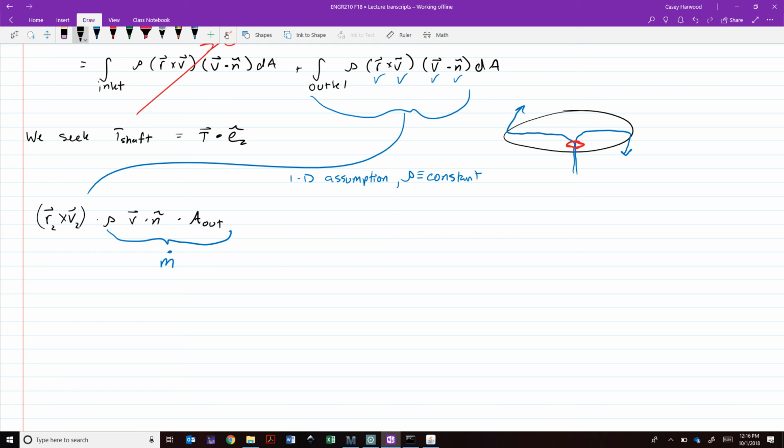So the next part takes a little bit more intuition. We've determined that up to this point it remains pretty general. But if we want to simplify it any further, we can write this R2 cross V2 as R2 times V theta 2, that is the tangential component of V. So if this is our control surface, we've got R2.